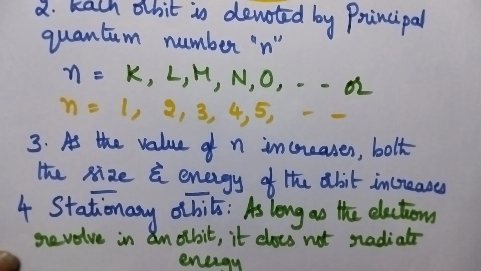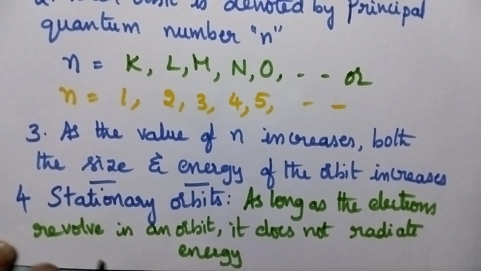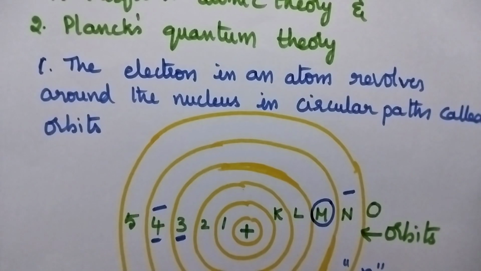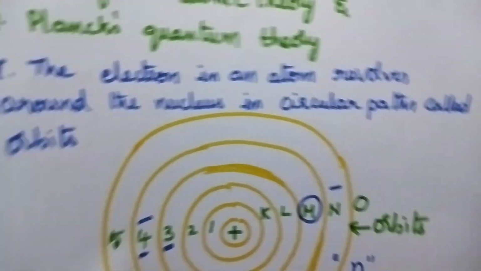That means the energy is neither absorbed nor emitted, and hence these orbits are called stationary orbits. So for the first time, Bohr introduced the concept of stationary orbits.